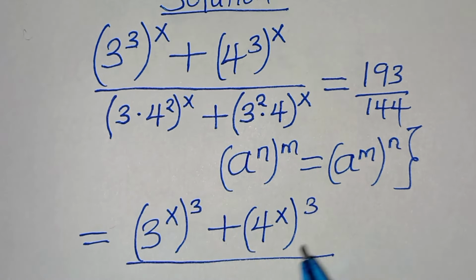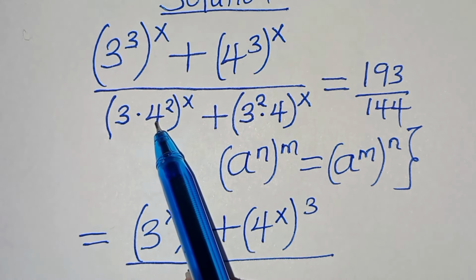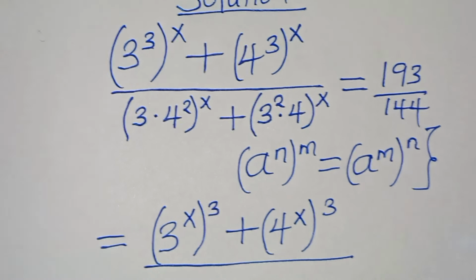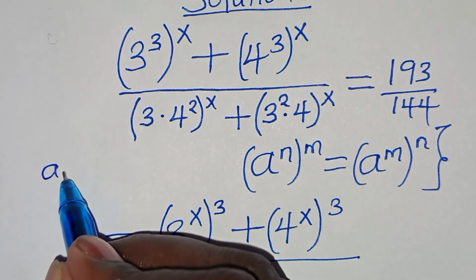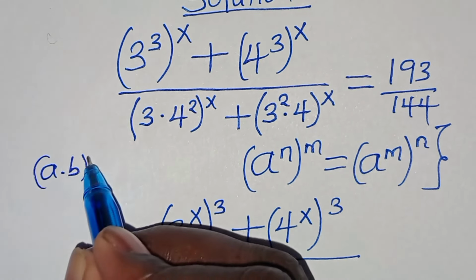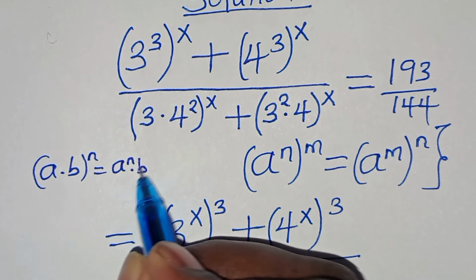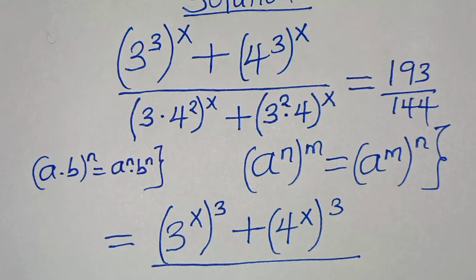in the denominator here we have 3 times 4 to the power of 2 raised to the power of x. Now this is in the form of a times b raised to the power of n, which we can express as a to the power of n times b to the power of n.